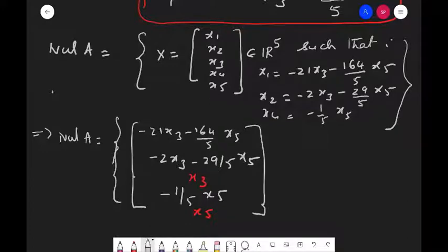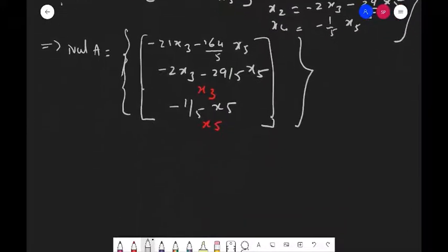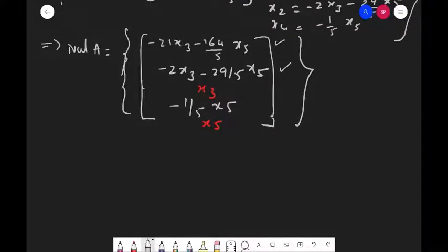So this is the one we have. Now you can see, though you have 1, 2, 3, 4, 5 rows, these are determined by only 2 parameters, x3 and x5.